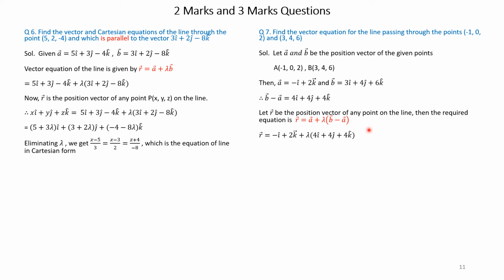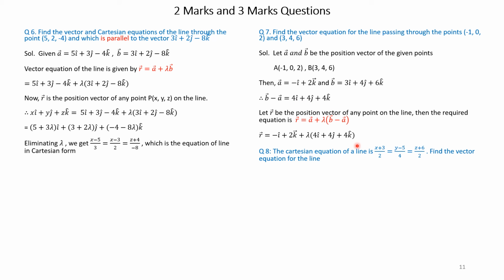Therefore, substituting the values, r is equal to minus i plus 2k plus lambda into b minus a, which is 4i plus 4j plus 4k.